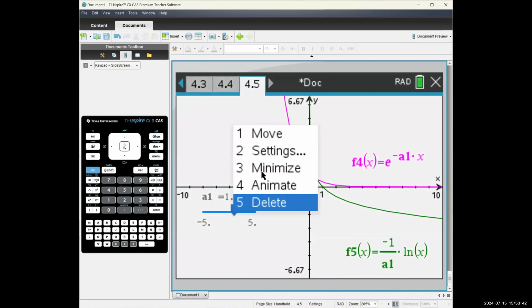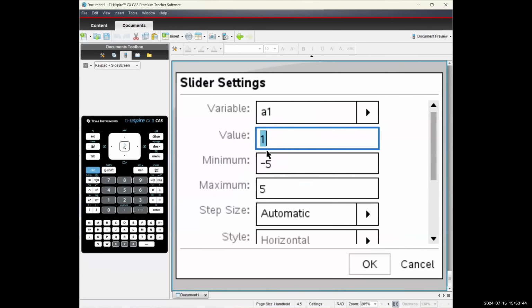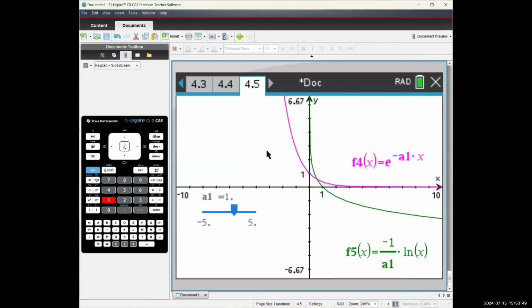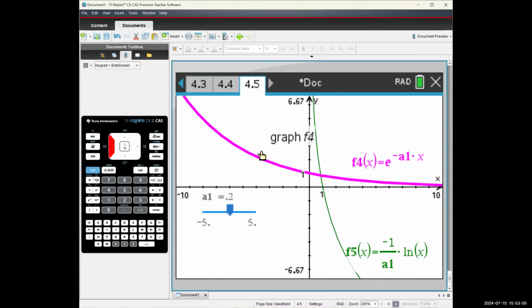Now, if I change the setting and make the step size relatively smaller, 0.1 something. Okay.